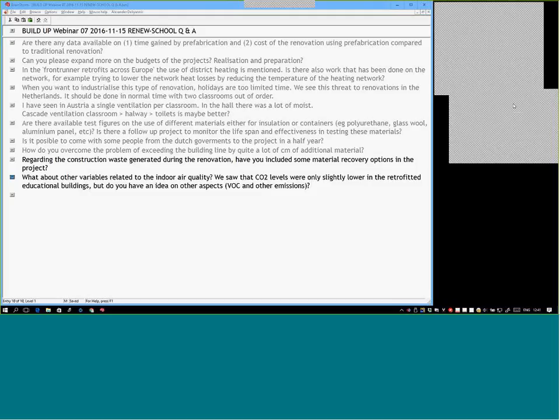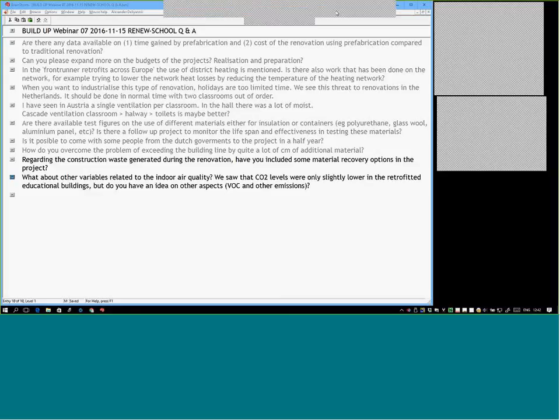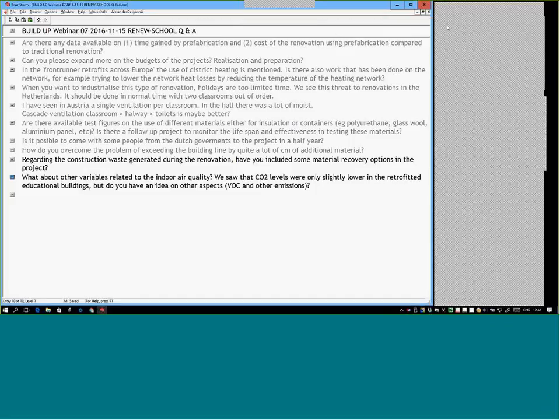And there are examples, not in school buildings, where this is used for the first time now in retrofitting, but there are other examples where old construction wood is used again as construction, and also the insulation material is normally possible to be used again. But in our cases here, if this is the question, we didn't have a detailed plan how to recycle or to use every one of the wooden element parts. So that's my answer here.